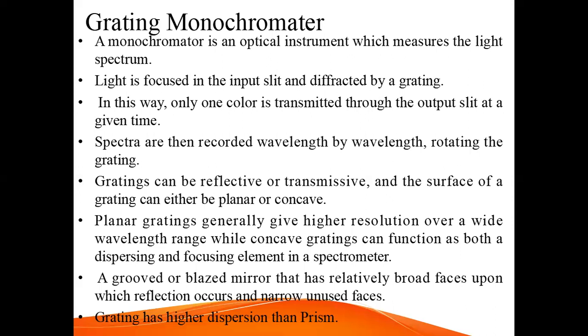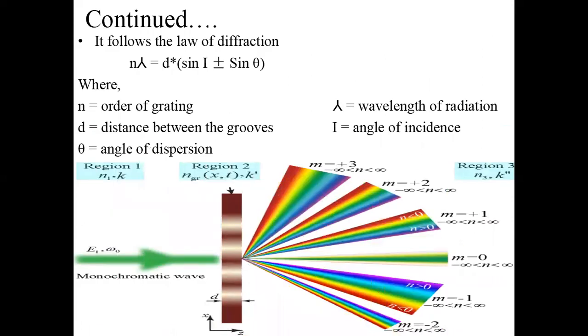A grooved or blazed mirror has relatively broad faces upon which reflection occurs and narrow unused faces. A grating has higher dispersion than a prism, and it follows the laws of diffraction: n lambda equals d times (sine i plus sine theta). Here n is the order of the grating, lambda is the wavelength of the radiation, d is the distance between the grooves, i is the angle of incidence, and theta is the angle of dispersion.